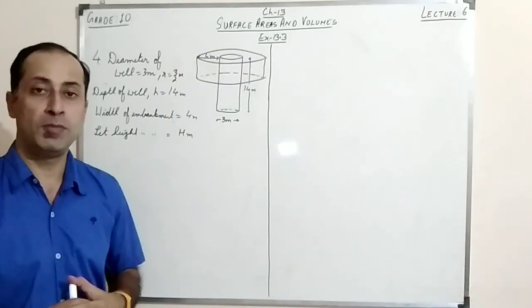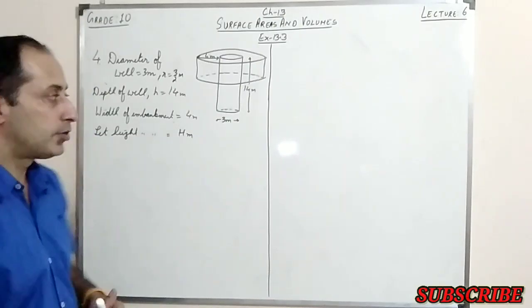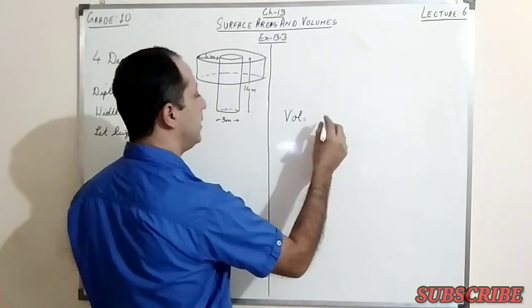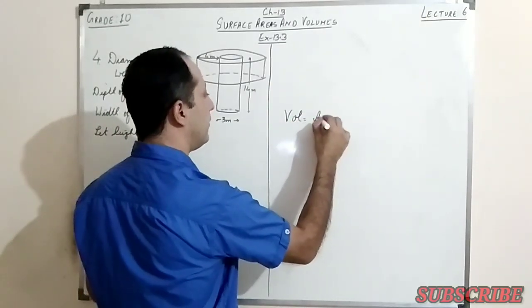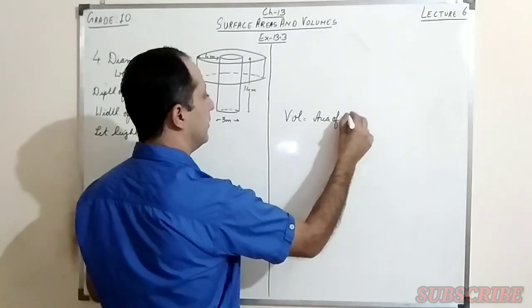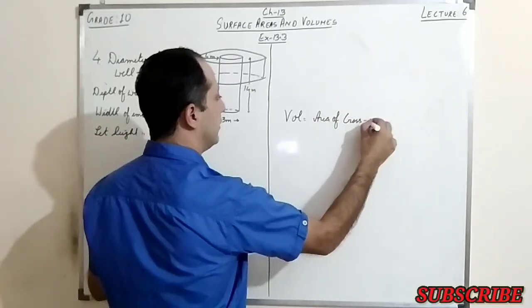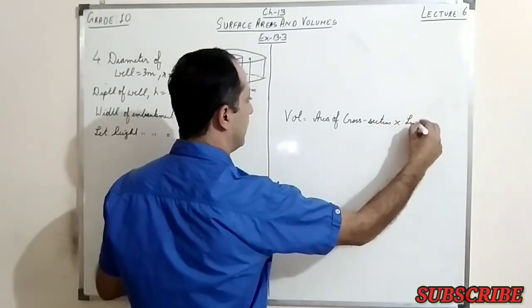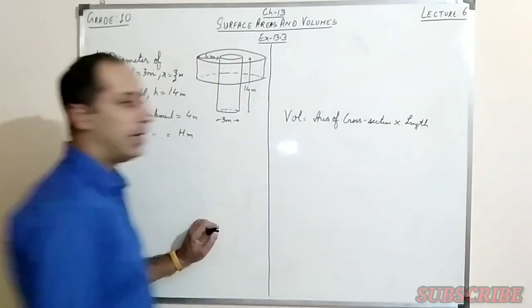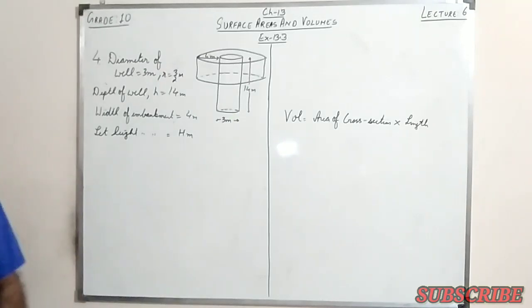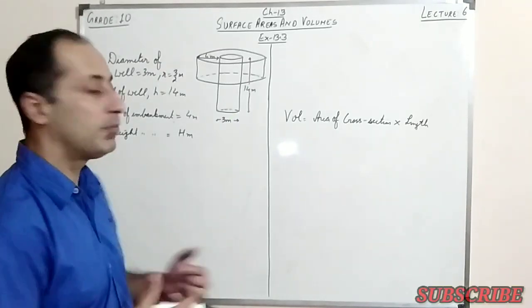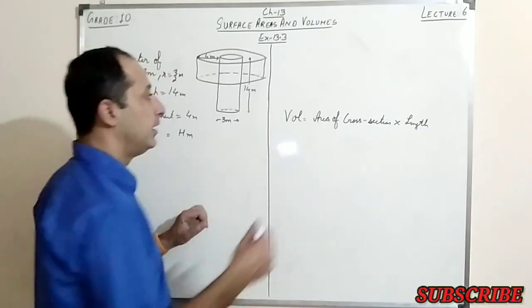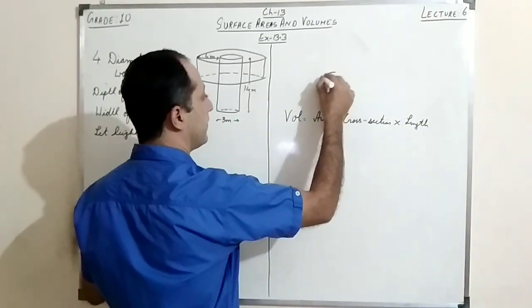How can we find the volume of this cylindrical ring embankment? So the general formula to find the volume of any object is equal to area of cross section multiplied by its length. So suppose if I have a cylindrical ring, if you see the cross section view of this cylindrical ring from the top, it will be something like this.